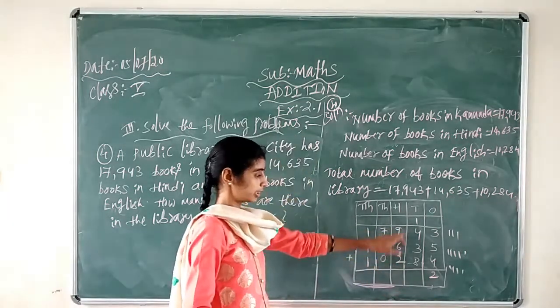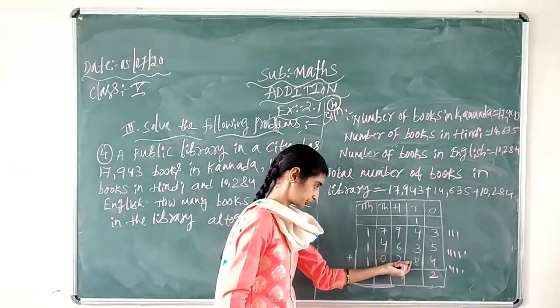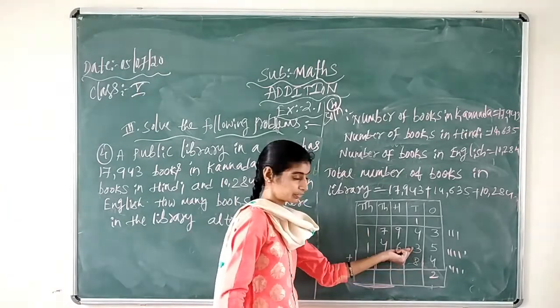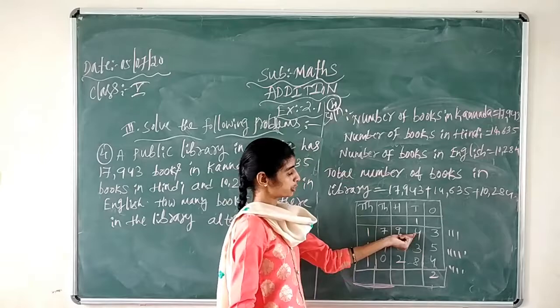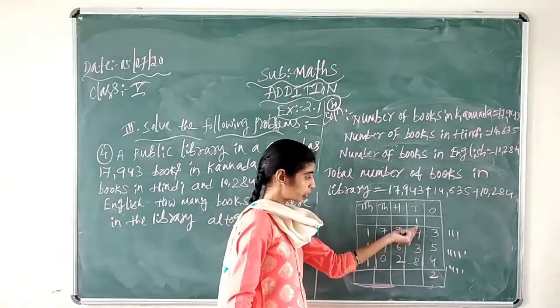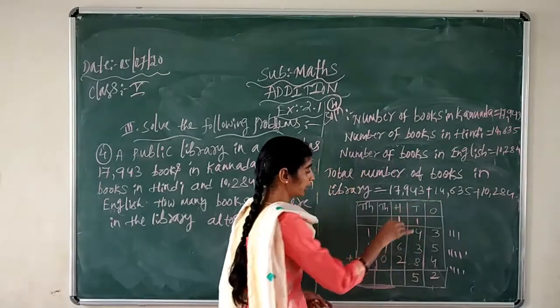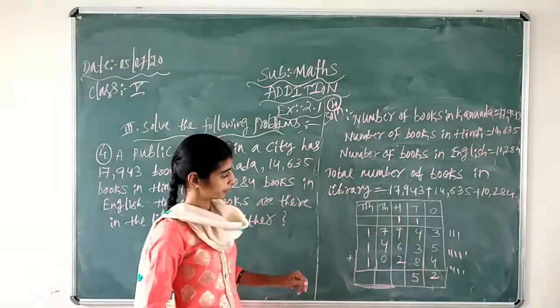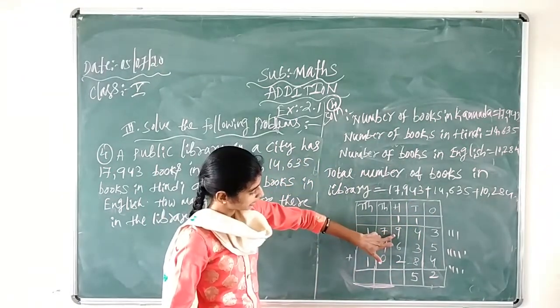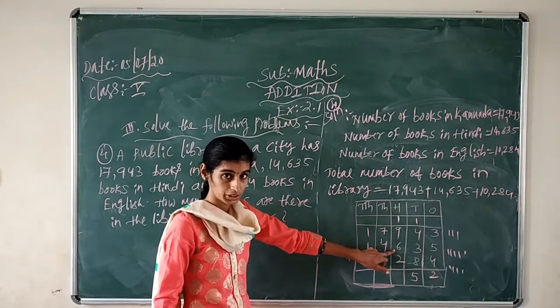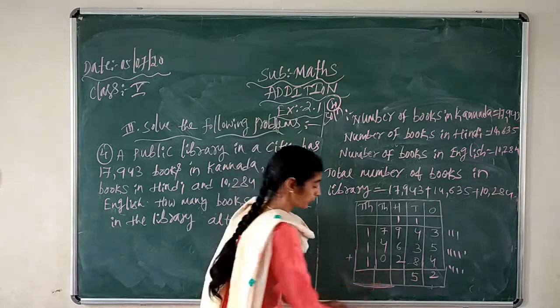Then next, children, you can add 8 plus 3, 11. 11 plus 4, 14. 14 plus 1, it is 15. So again carry to the hundreds place. Then easily you can add 9 plus 1, 10. 10 plus 6, 16. 16 plus 2, 18.